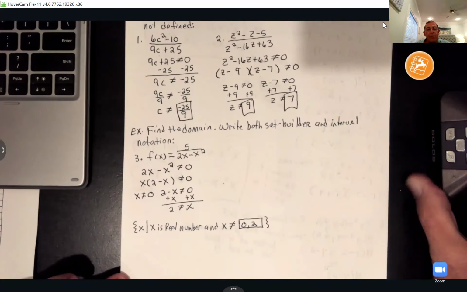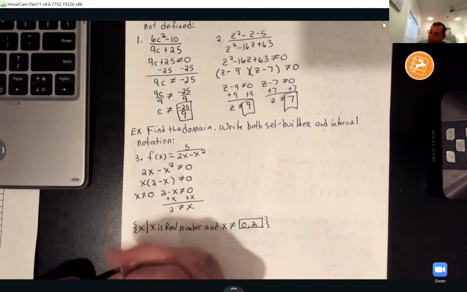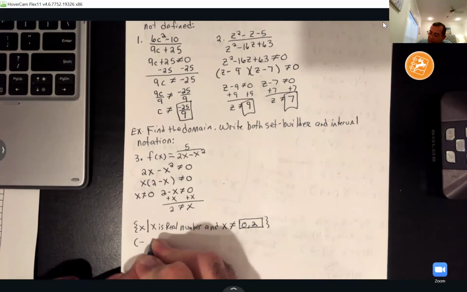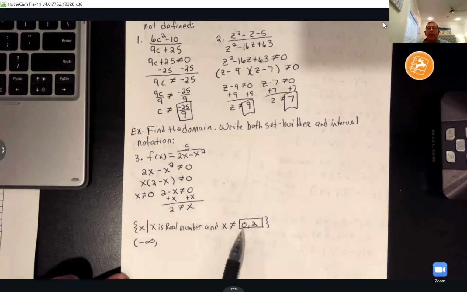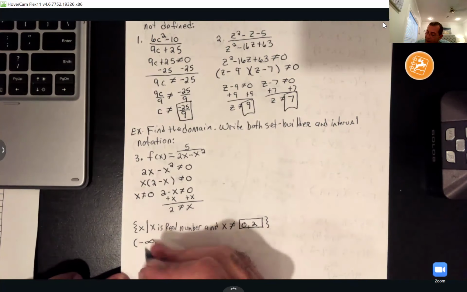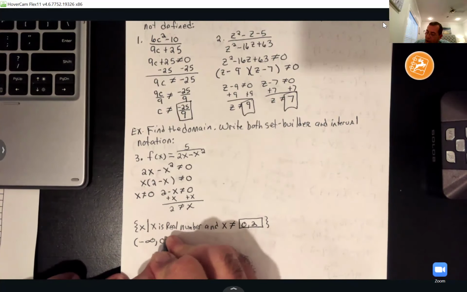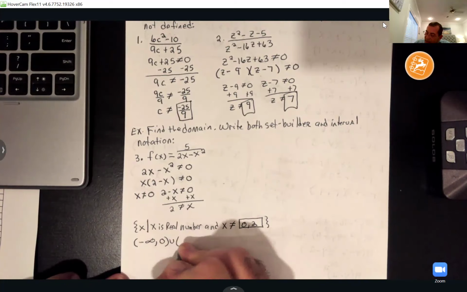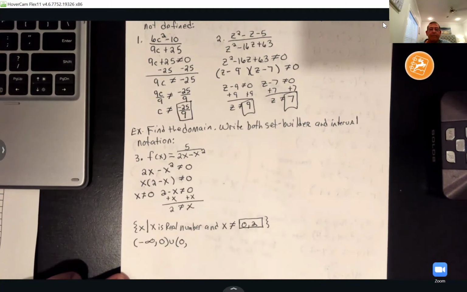Now interval notation will be a little different. Remember, interval notation started at -infinity, and then we got a union around each of the numbers we're kicking out, and they got to go in order left to right. So 0 would be first. Union around that 0 to kick it out. From 0, you're going down to x's till you hit the 2.